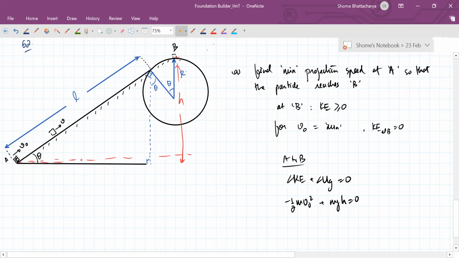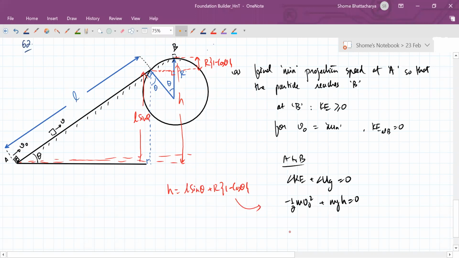So this whole height difference, you can break it up into two parts. This much is L sine theta, and then this much above over here is how much? R into 1 minus cos theta. It's clear, na Kunj? Again, that right angle triangle at this. So this h is equal to L sine theta plus R into 1 minus cos theta.